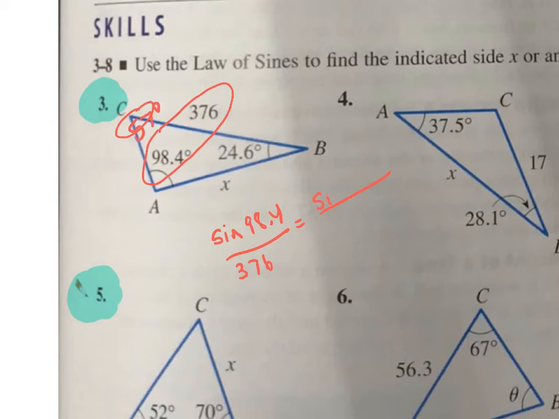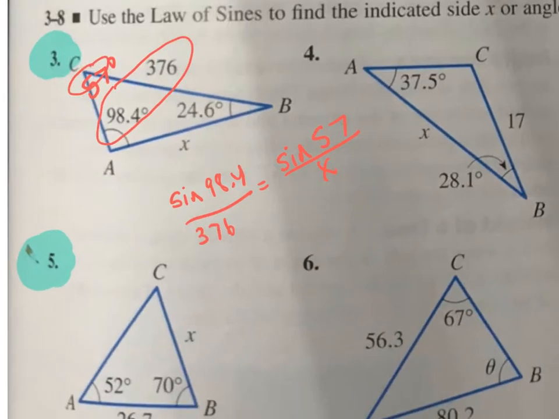So you can say sine of 57 over x. Then we just cross multiply. So I have 376 times the sine of 57 equals x times the sine of 98.4. Divide both sides by the sine of 98.4, and we can figure out what x equals.